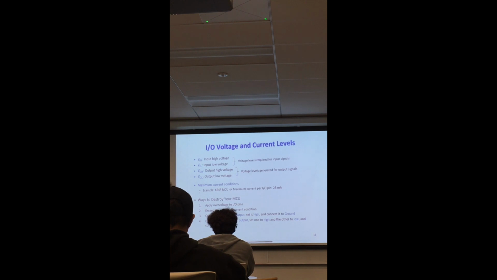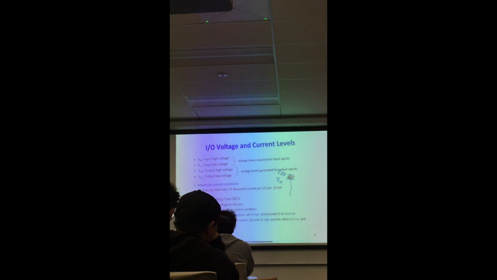So VIH, let me actually make a chart of this. VIH, and this is VDD. VIH means the lower bound of voltage that the microcontroller will still interpret as high. So anything above this level will be interpreted by the microcontroller as logic 1 or true.